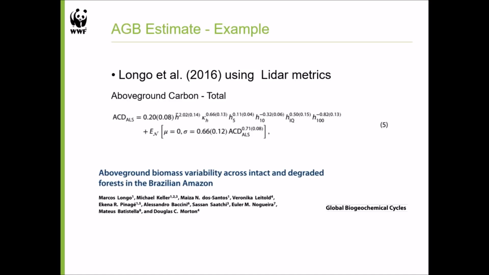The H10 is the height that will contain 10% of the points. The HIQ is the height that contains 75% of the points minus the height that contains 25% of the points. And the H100 is the maximum height inside the plot, okay?